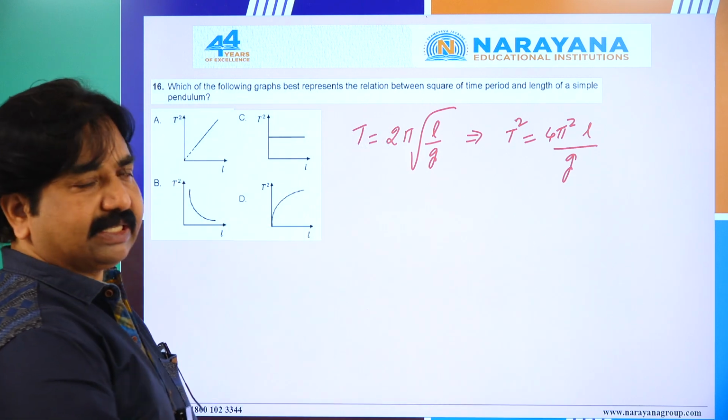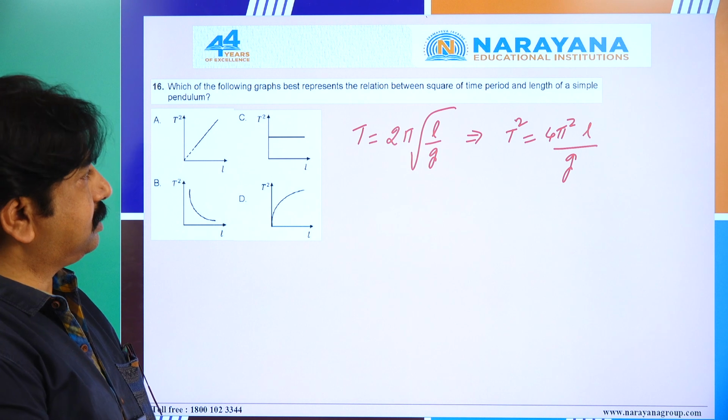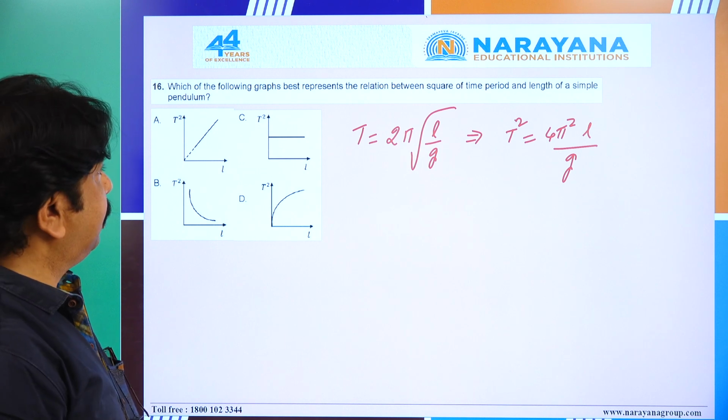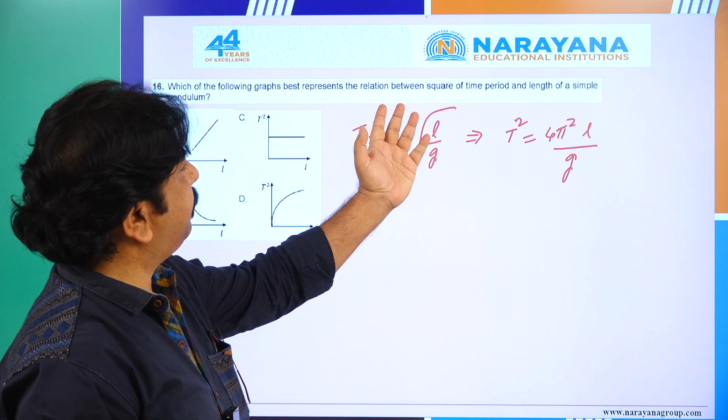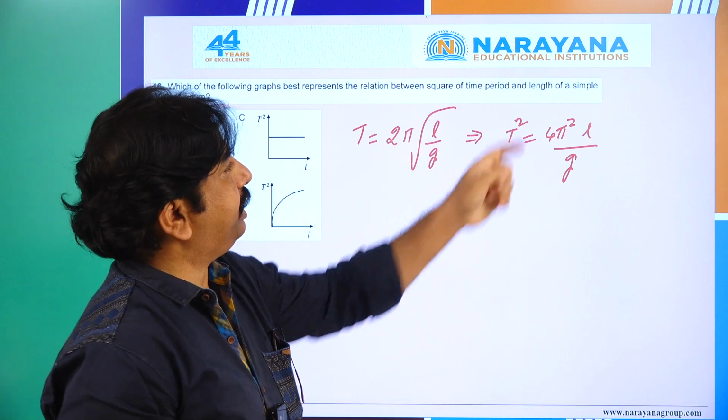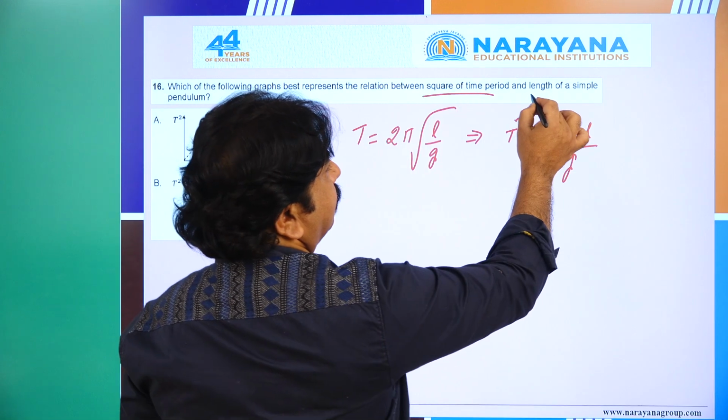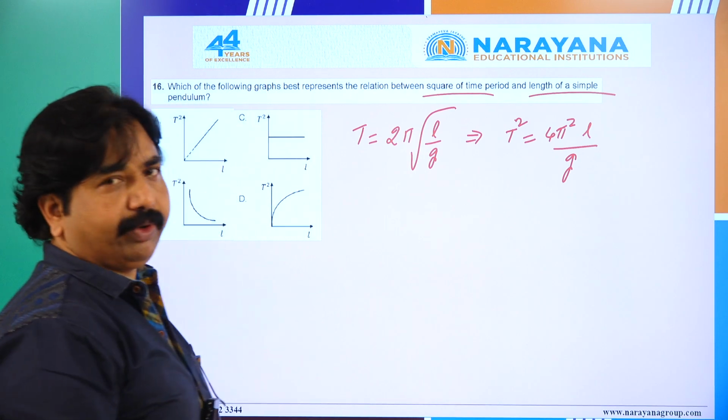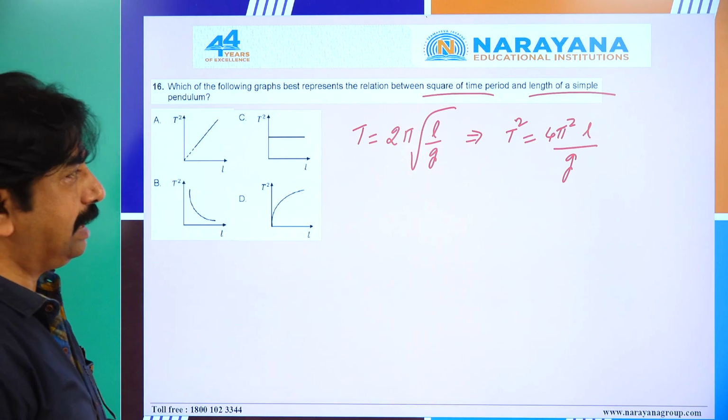Why are we squaring the terms on both sides particularly? Here they are asking for the graph between the square of the time period and the length of the simple pendulum. That's why we are converting the formula like that.